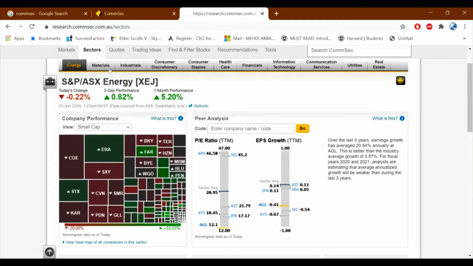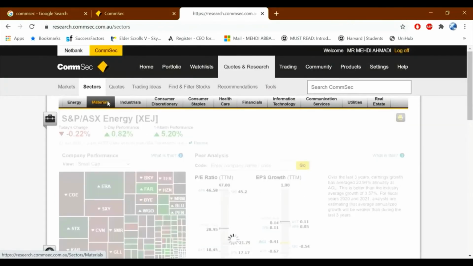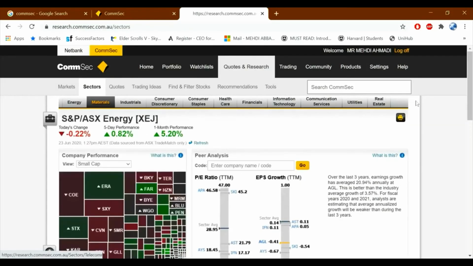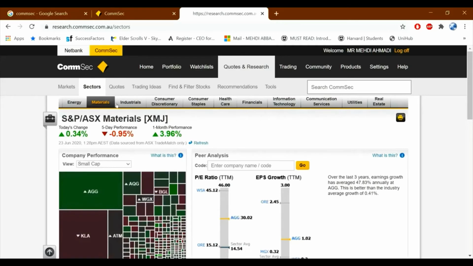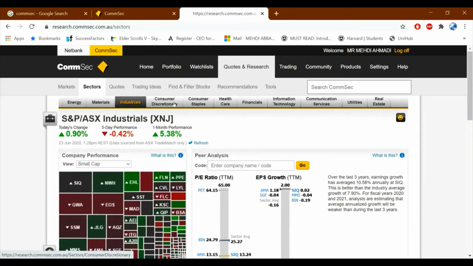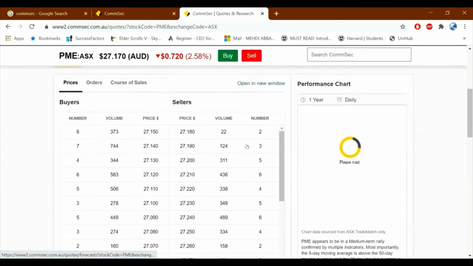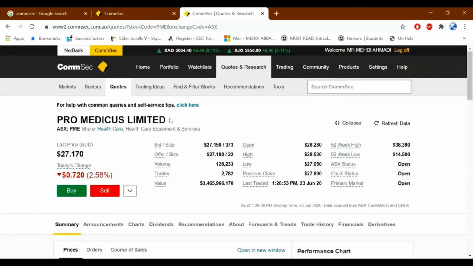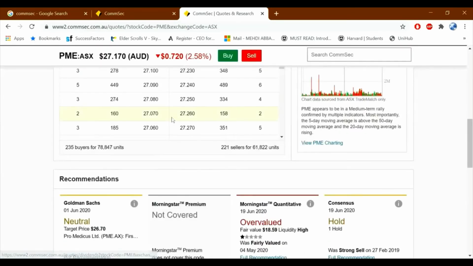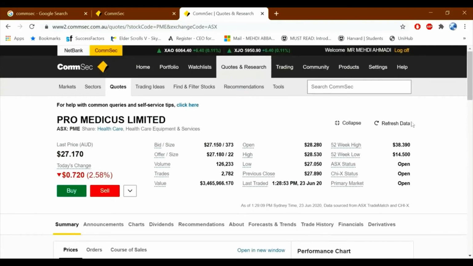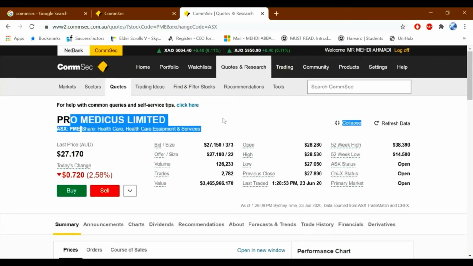Then you have all those sectors that you can keep up with: materials, industrials, consumer discretionary. Then we go to quotes. Here in quotes, you can look at a specific company.